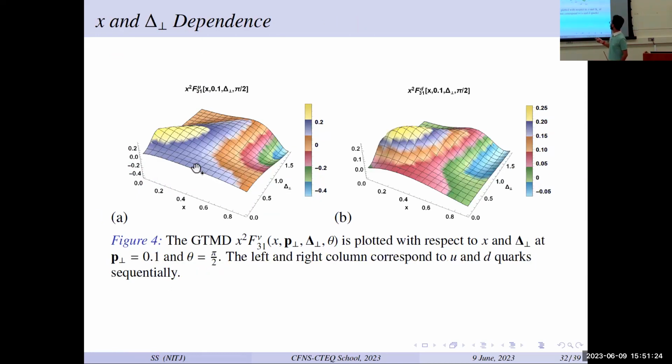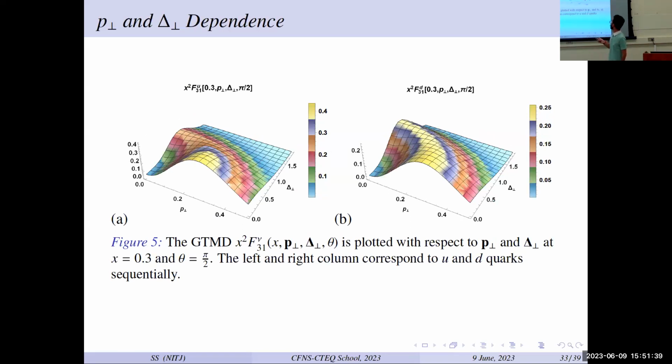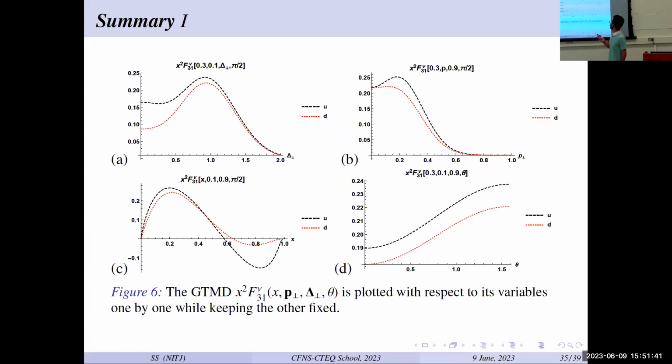It is difficult to analyze this, but we can say that at very low x and low delta perp, and similarly at very high x and high delta perp, we get this distribution. We can also plot this with respect to one variable at a time, keeping the others fixed. That's it.